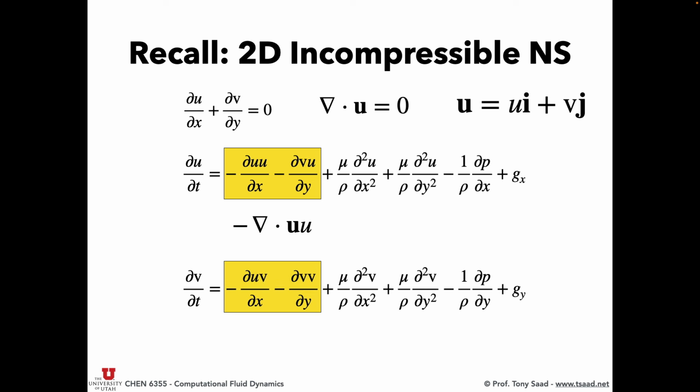And same thing for the y velocity component. The quantity is y momentum per unit mass, which is v, and it's transported by both velocity components u and v. This is the convection in the x direction, convection in the y direction, all right? So first derivative, now start thinking that first derivative always indicates advection, okay?